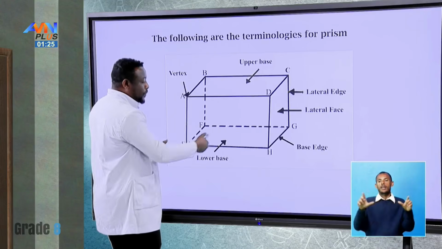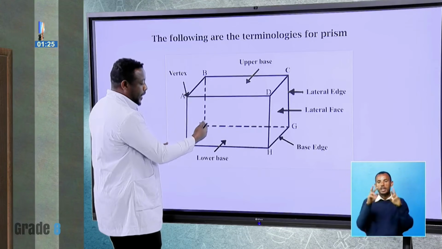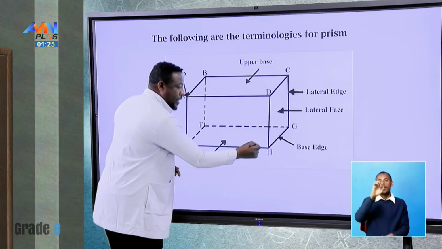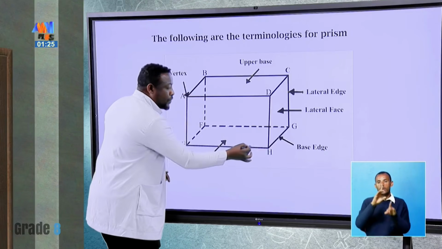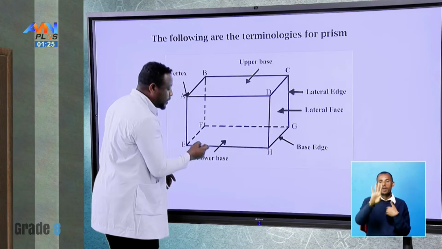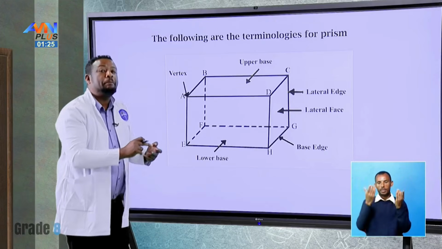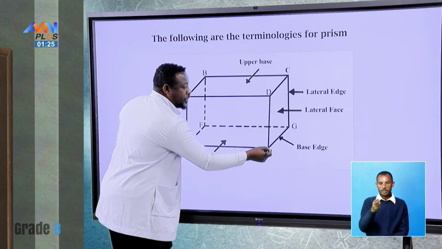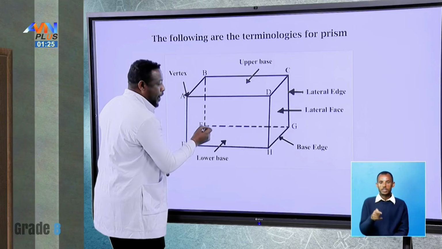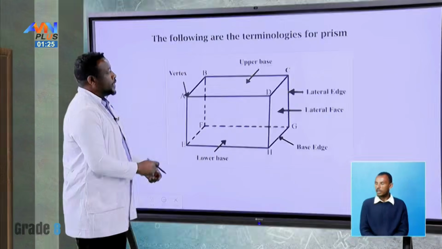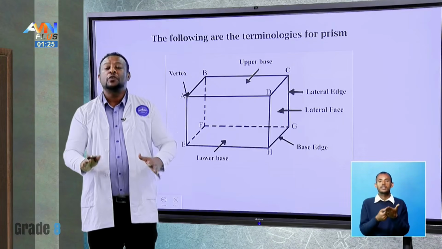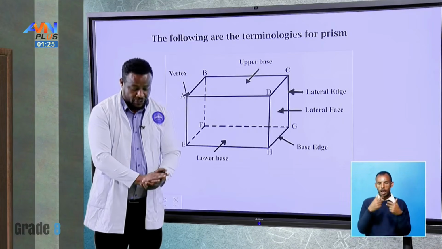The intersection of this rectangular face and the base is EH. We have 4 base edges on the base: EH, HG, and FG. So in this prism, we have different terminologies.